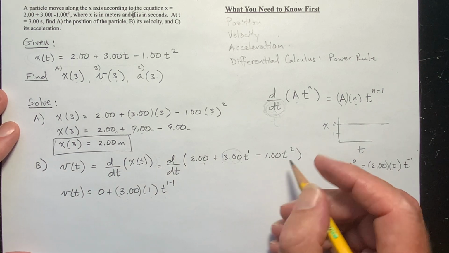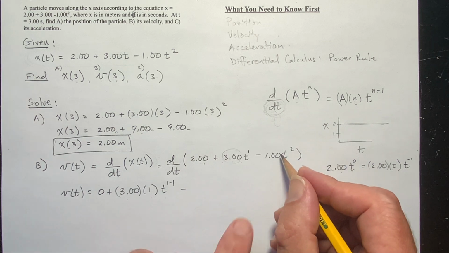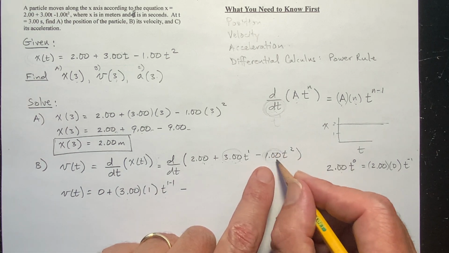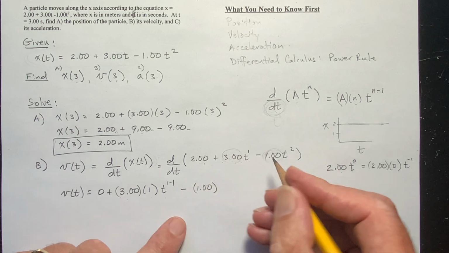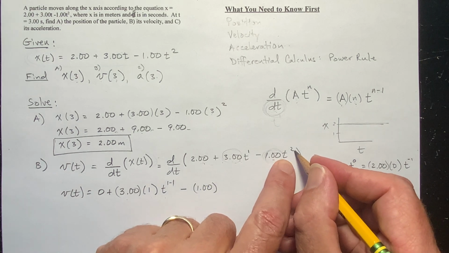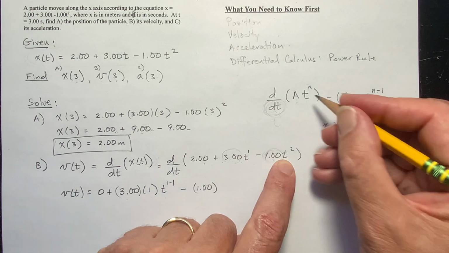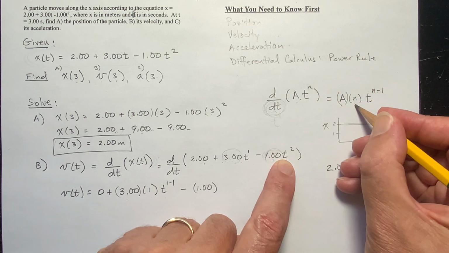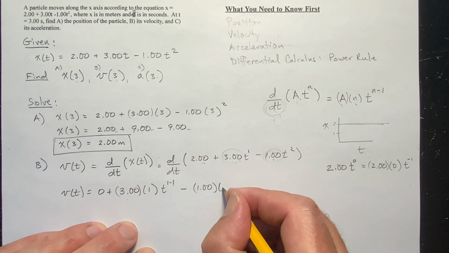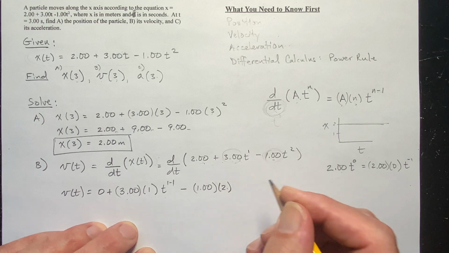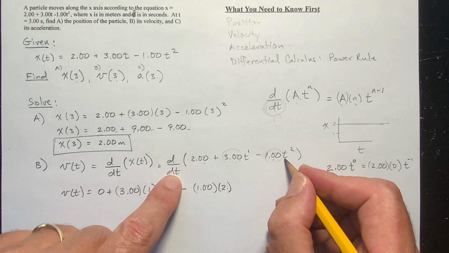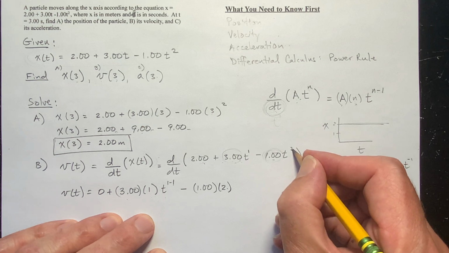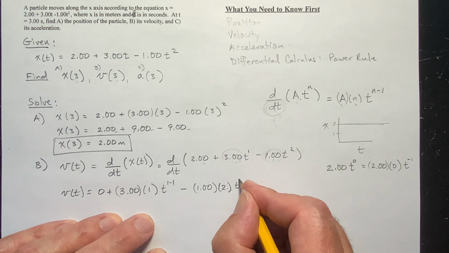Now let's do this next part, minus, and then now my a is 1. And then my n, I'm going to bring this down because of the power rule. So that's going to be 2. And then this is going to be t to, because I've divided by t here, t to the 2 minus 1.